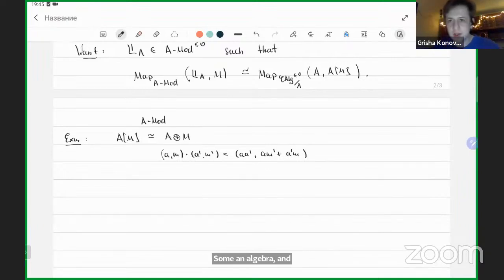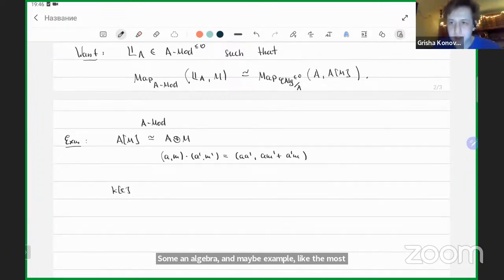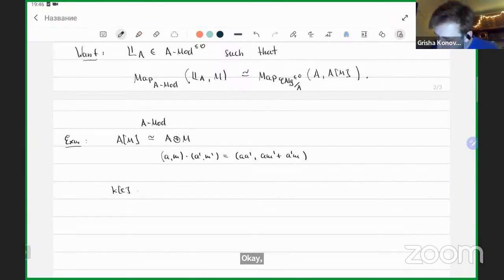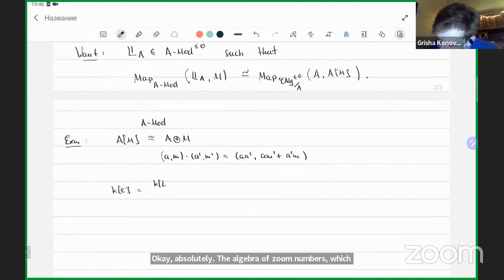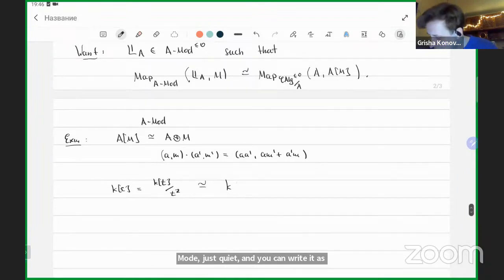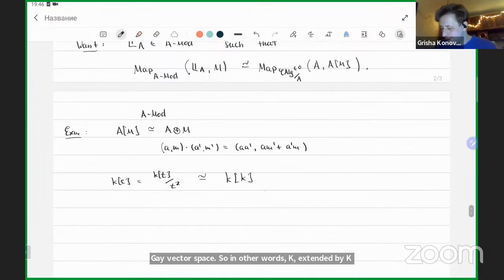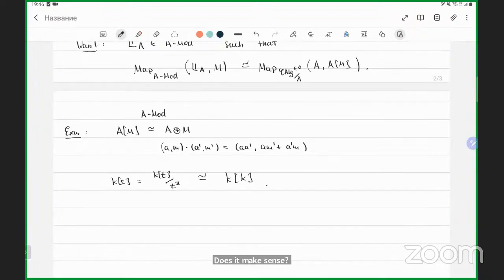And maybe the most trivial example is the algebra of dual numbers, which by definition is k[t] mod t squared, and you can write it as k, the base field, extended by the one-dimensional K vector space. So in other words, K extended by K. Does that make sense? Yes, thank you.